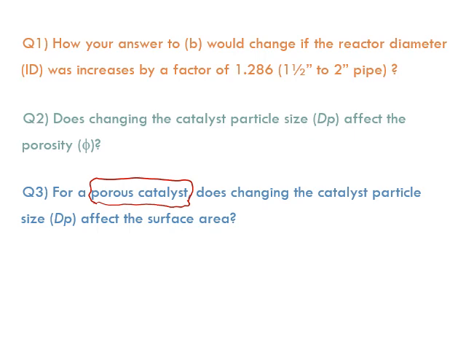It means a catalyst where its surface area is not coming from the external surface area. The surface area is coming from the internal surfaces inside the pores. So if I change the catalyst particle size, dP, will the surface area change?